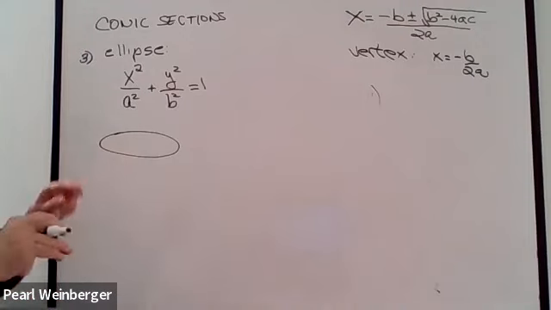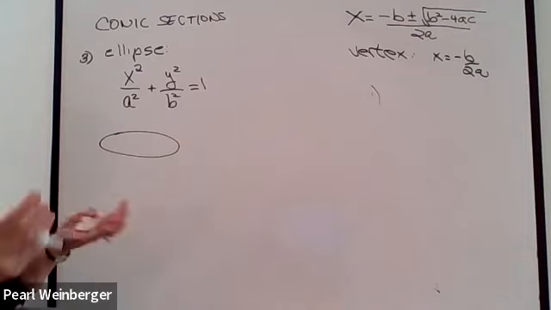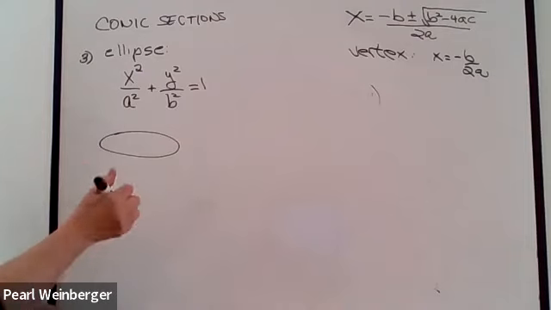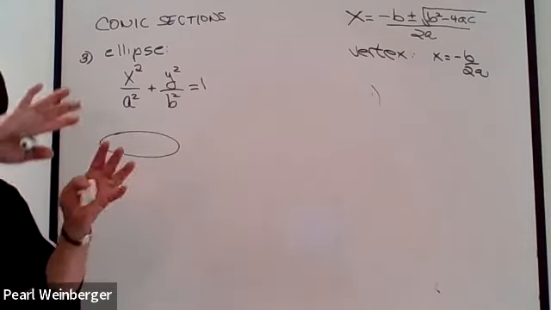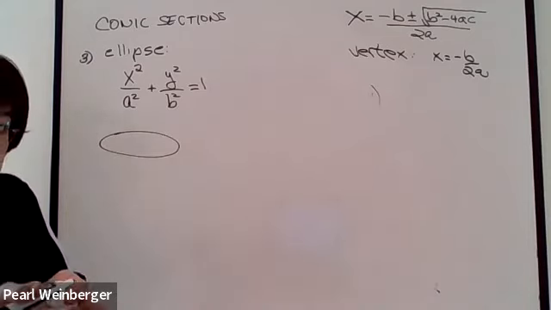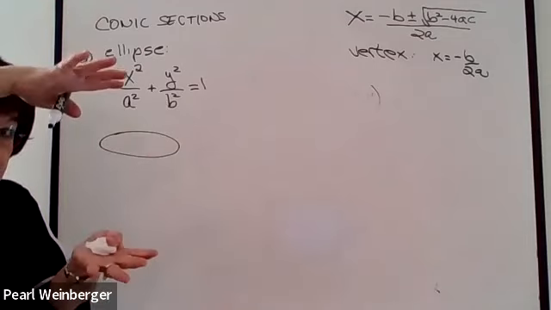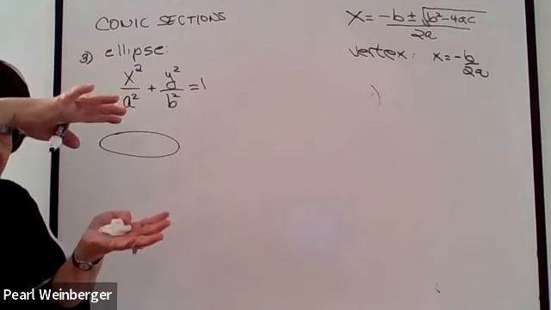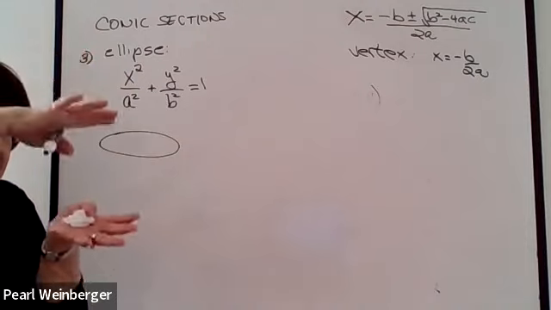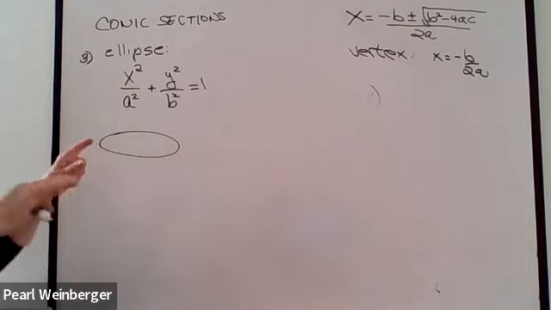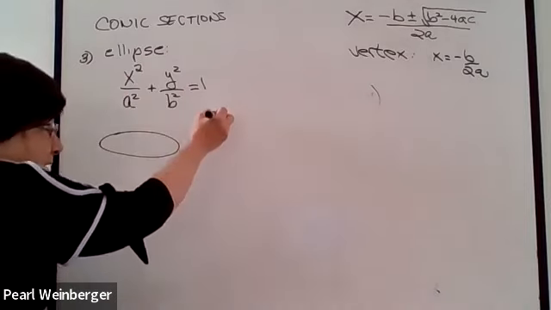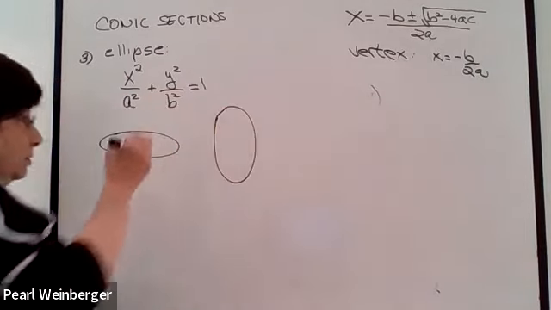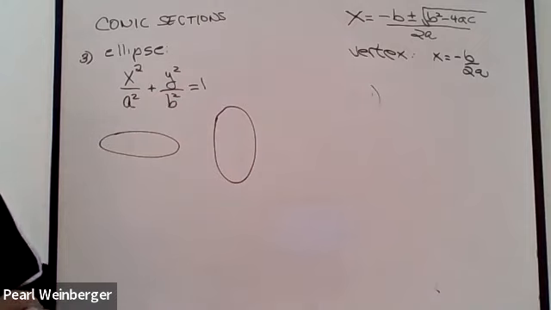The shape of an ellipse is sort of like a football or an oval. It's as if you took a circle. Let's think about a very round balloon and you started squeezing it. So it's not totally round, it gets flattened out. Sometimes it's flattened out horizontally, sometimes it's flattened out vertically. That's the shape that an ellipse has.